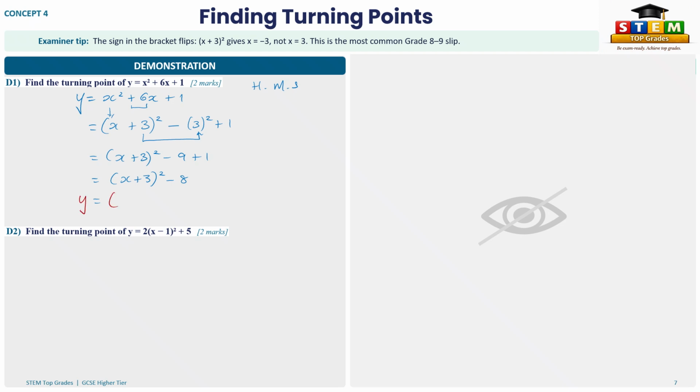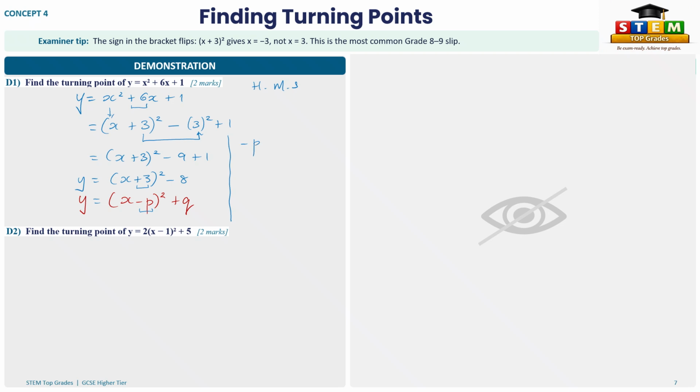So you're going to compare that with x minus p squared plus q. Let me put the y here as well, so you can see how we compare like with like. You can see plus 3 is equal to minus p.